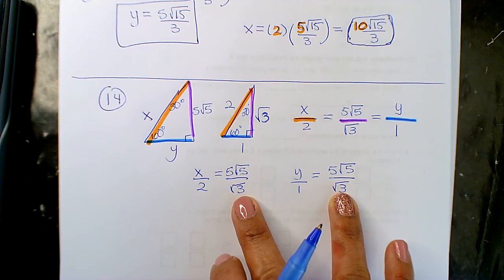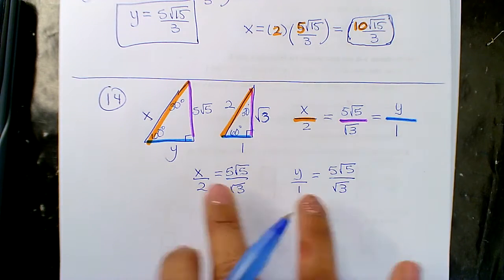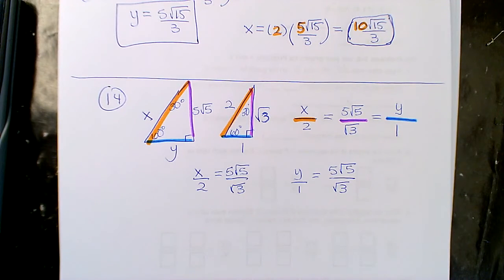It's 5 rad 5 over rad 3, 5 rad 5 over rad 3. Either way, you're going to end up going into the calculator. So on here, you're going to end up having to clean up twice. But the shortcut, you clean up once, you reduce it, so then it's really quick for the next 2 steps. Here, you're going to use your calculator twice probably.